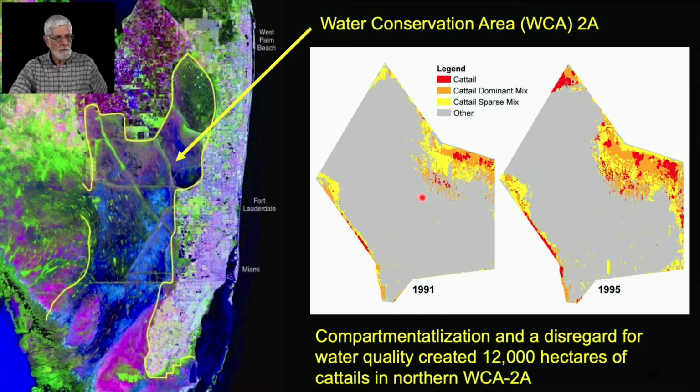We started mapping it in 1991 because the compartmentalization and a disregard for water quality kept increasing the aerial extent, and this type of infestation was destroying the ridge slough tree island habitat that was typical of the Everglades pattern.